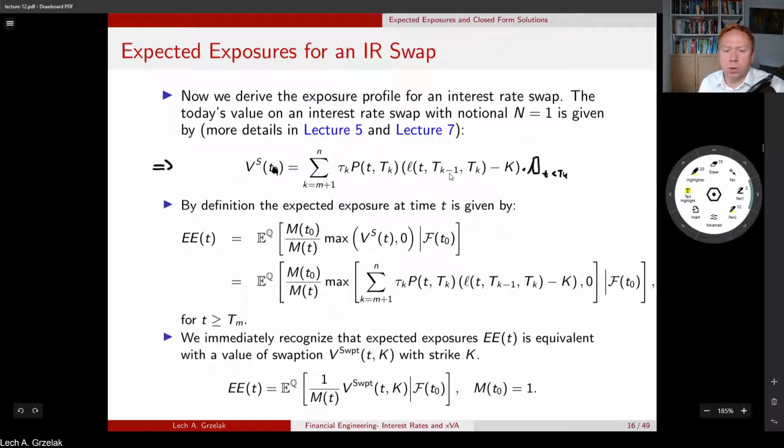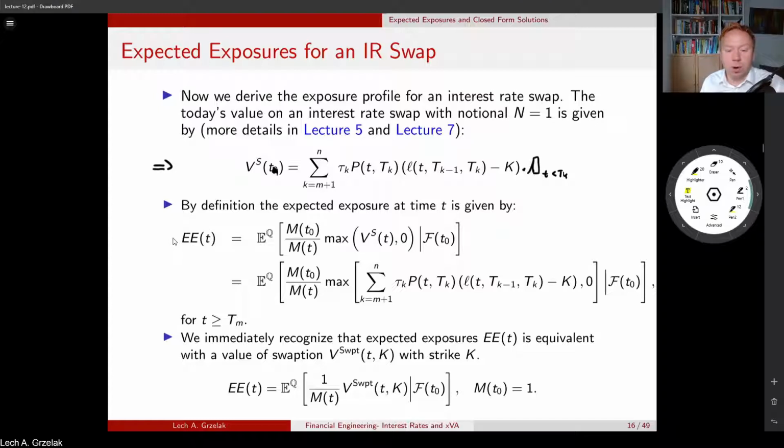Maybe the most correct would be to have tk minus 1, because then payments take place at time tk, so this is fine. This will always be true only if t is smaller than tk. If it's not true, then those sums will exclude the former cash flows.